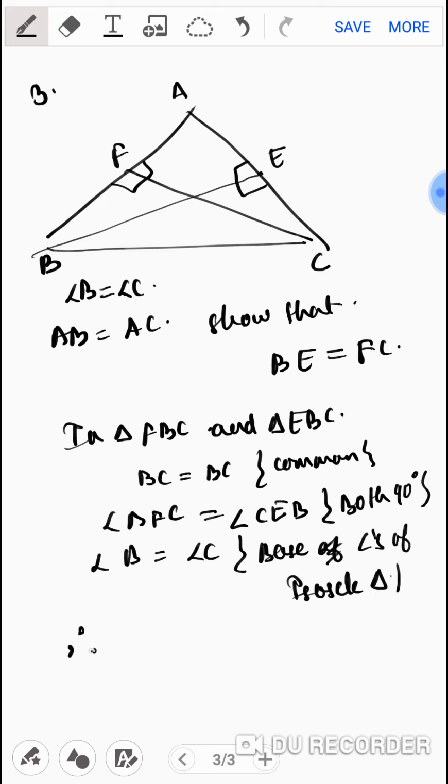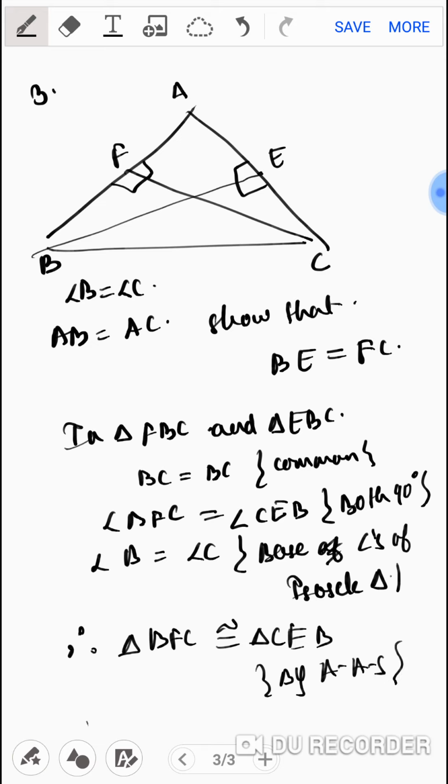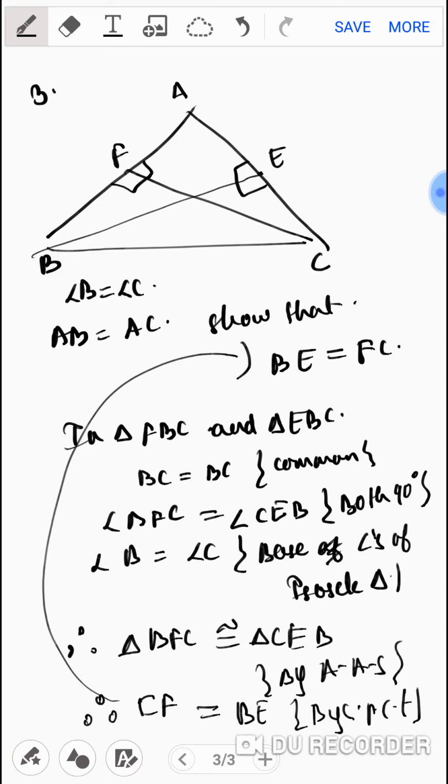Therefore, hence we can say triangle BFC is congruent to triangle CEB by which test? You have angle angle side. Therefore, we can say CF is equal to BE by CPCT. Hence, what you want, it is proved.